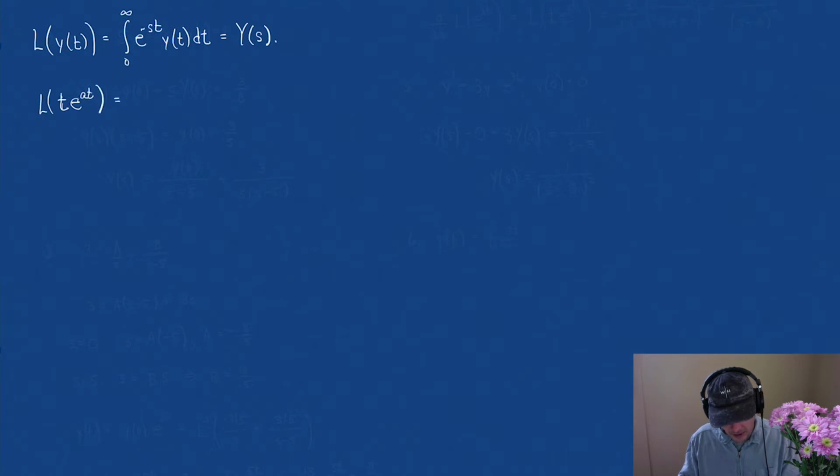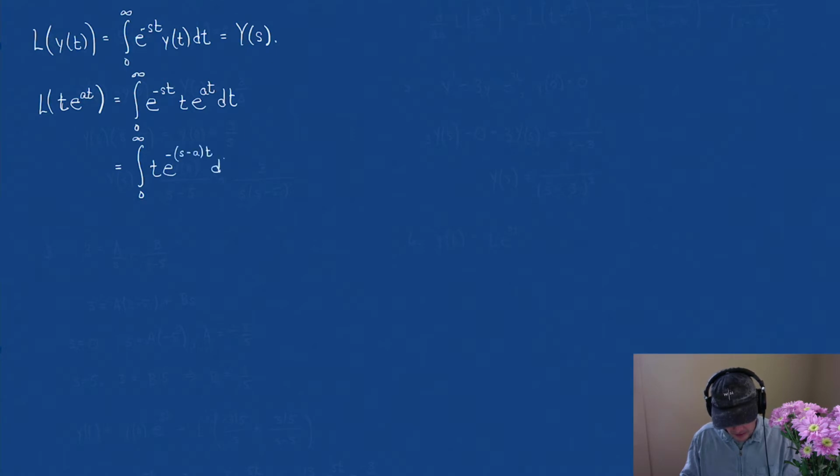Now, if I write this in here, this is the integral from 0 to infinity of e to the minus st times t times e to the at dt. Now, you can clean this up one more step: the integral from 0 to infinity of t times e to the minus (s minus a) t dt.